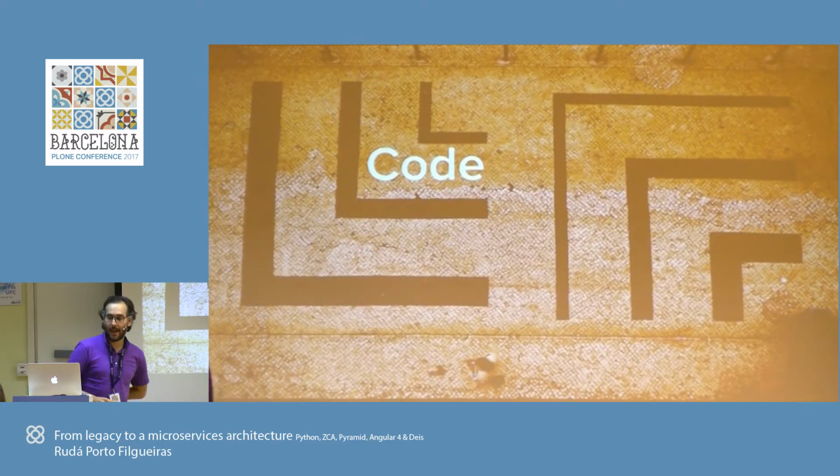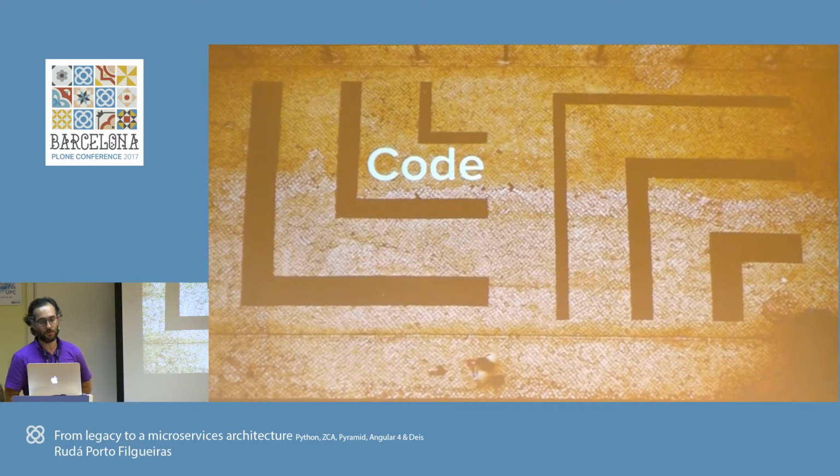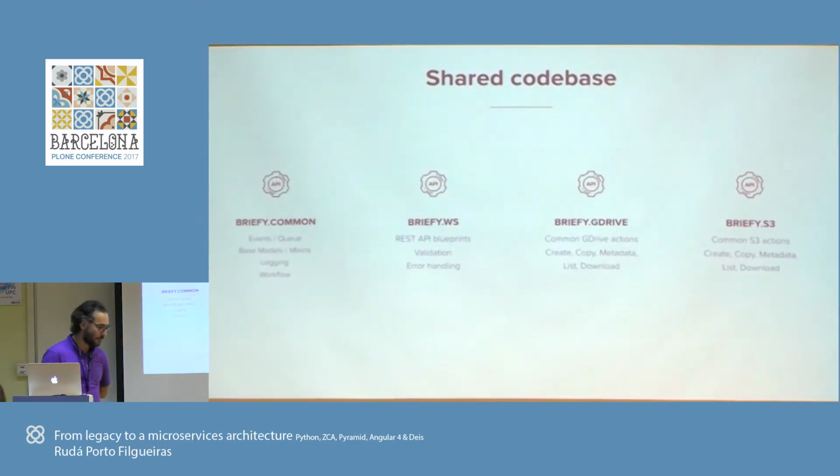Okay, now let's talk about code. In this year of work, we created a lot of code, and most importantly, we created a shared base code. Probably we are trying to make it open source because I think it can be really useful for other people.